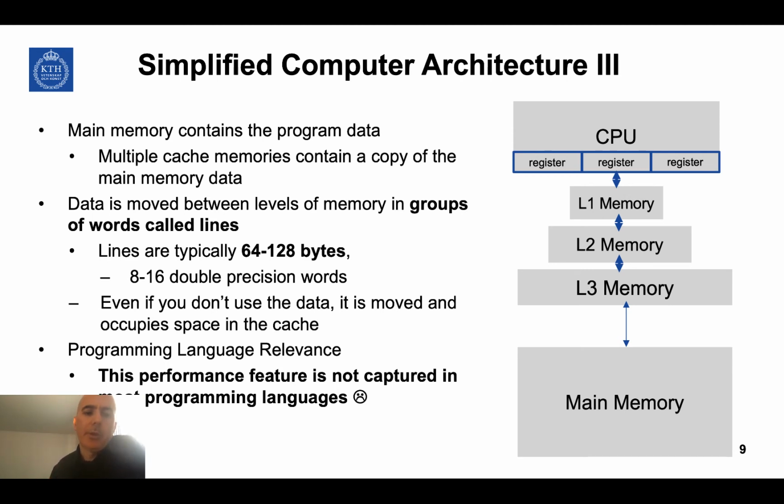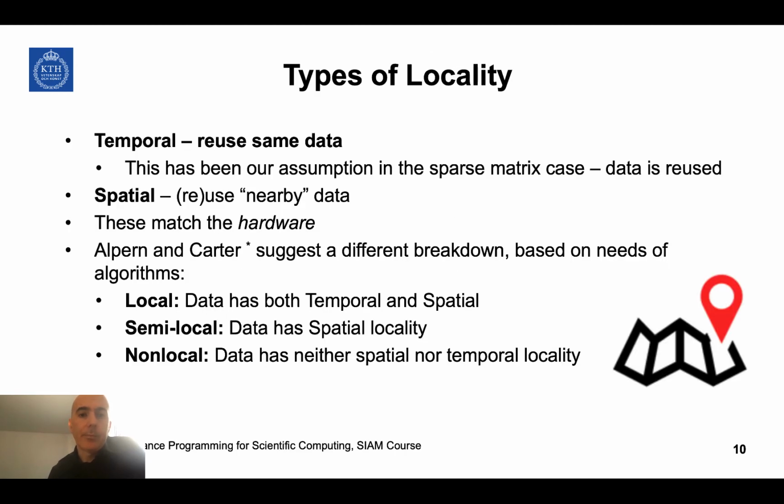Another important point that I want to make is that most of the programming languages don't provide any means to program caches explicitly. So this performance feature is not captured in most of the programming languages. When looking at the data, it is important to understand the concepts of locality. We have different kinds of locality when talking about caches.